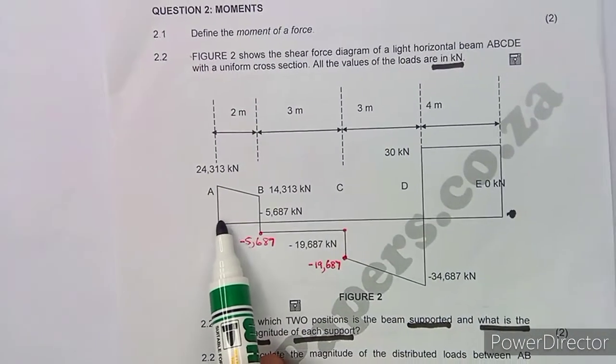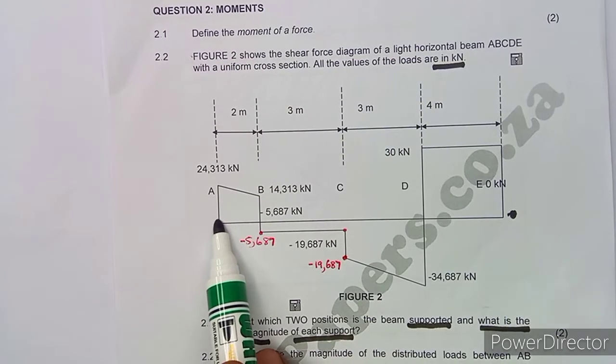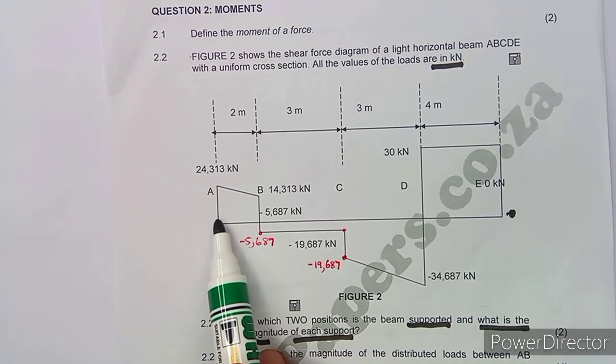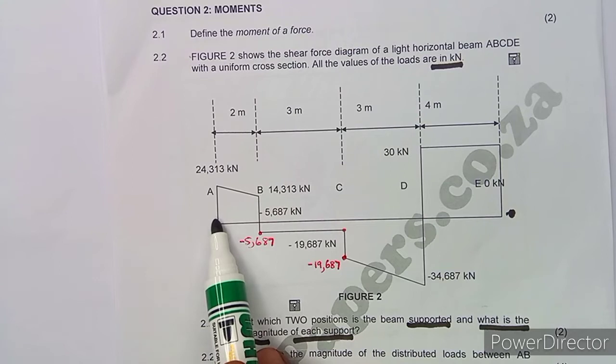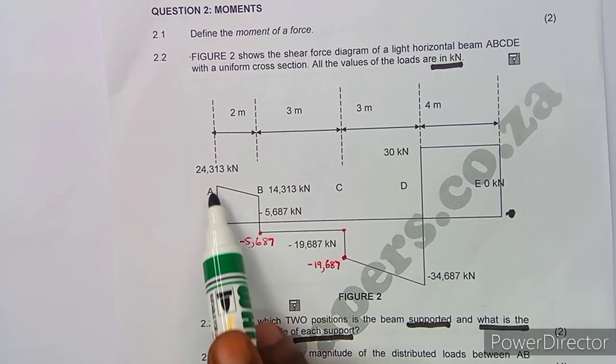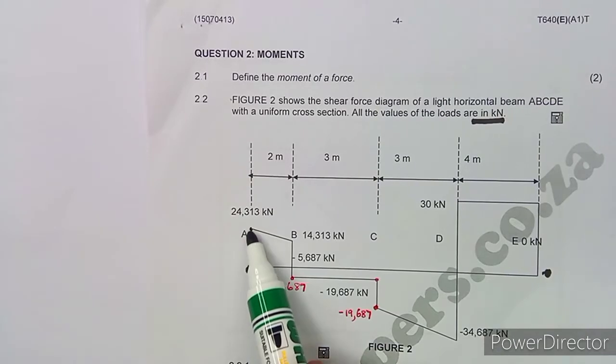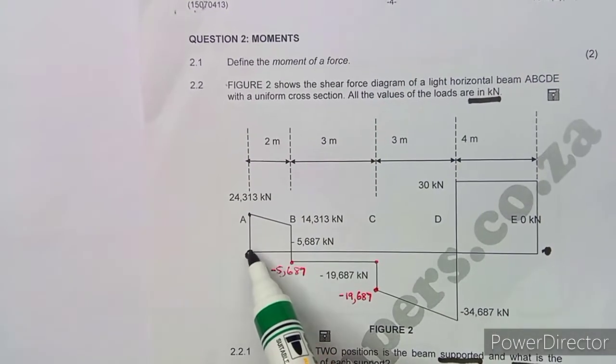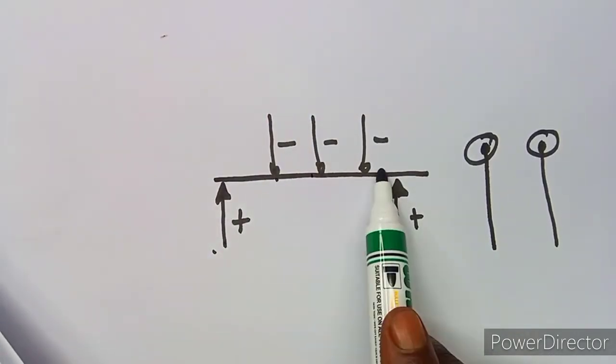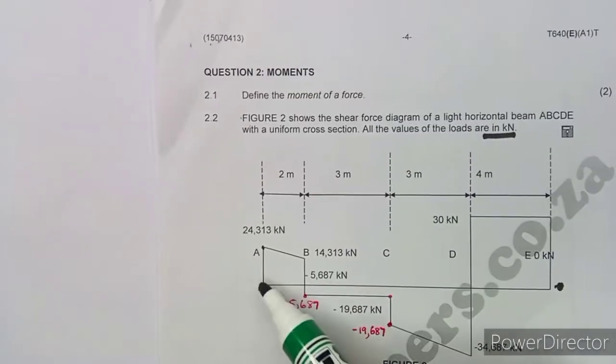I want us to start with A here. If you cross check at this point, that's zero here. If this point is a support, you are supposed to go upwards, like I was saying. So as you can see, from this point we are going upwards. If it was going downwards, it would be a force just like these other forces, but this one is going upwards.